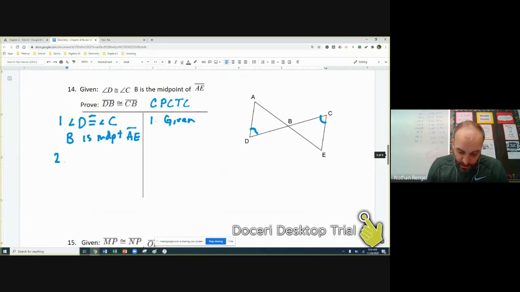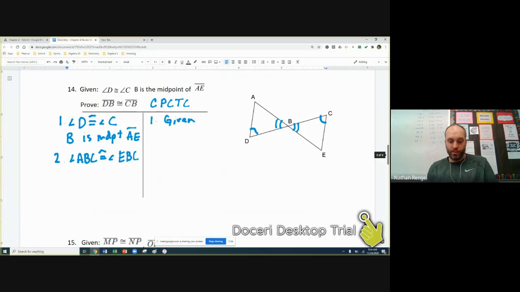So I start now at number 2. I'm going to look for something I can tell without having any markings, and that's going to be right here. So I've got vertical angles, so we'll get another angle congruent between the two triangles. I'll say angle ABC is congruent to, since I started with A, I'm going to have to go EBC on the other side.